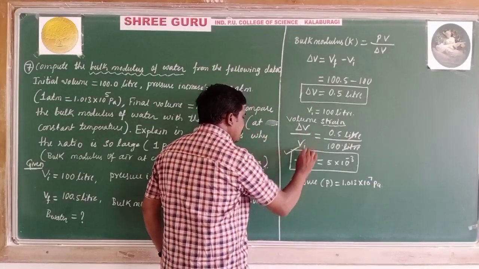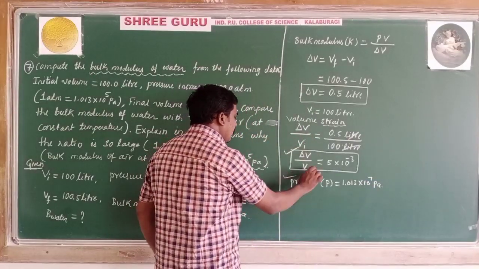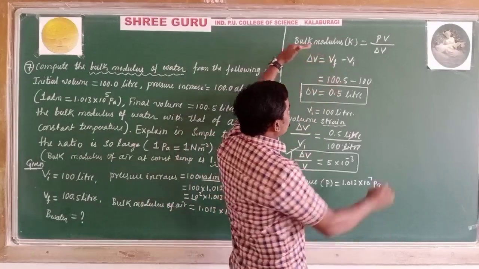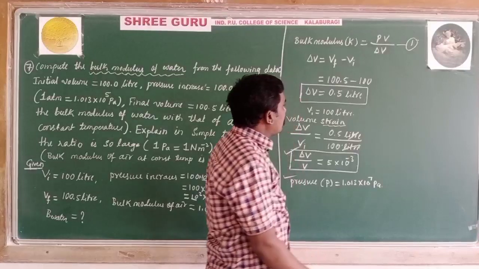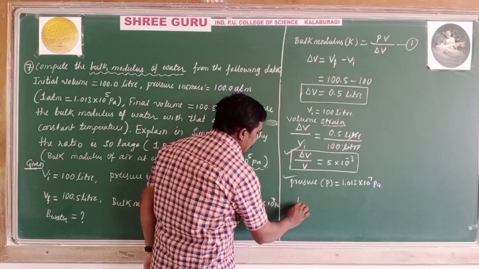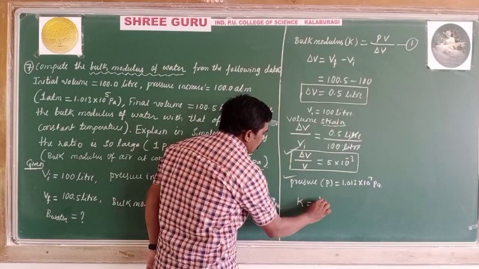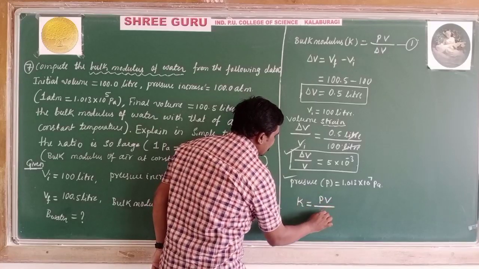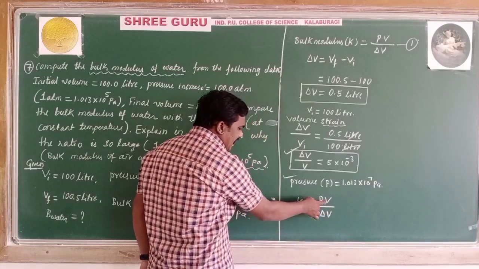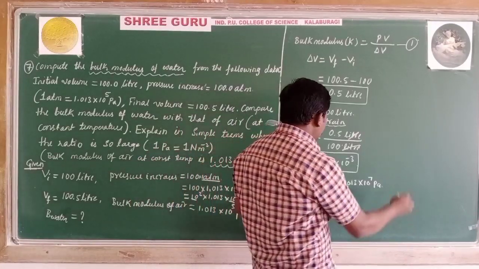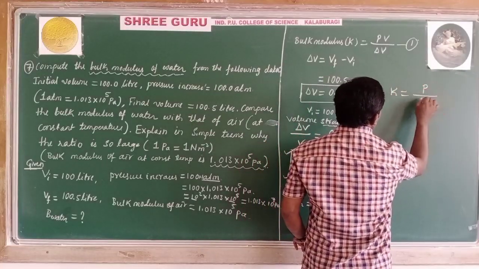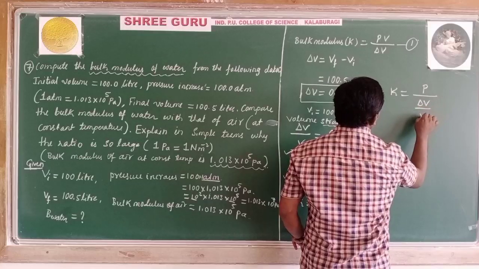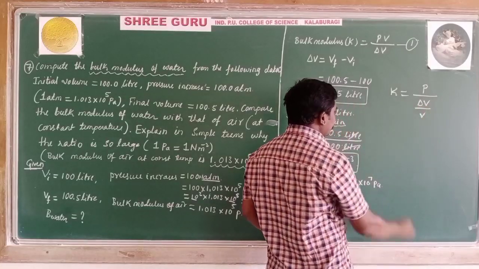We got the change in volume with respect to original volume, and the pressure. Just substitute in the bulk modulus formula, K equals PV by delta V. Shall I write V in the denominator form? That is K equals P by delta V by V. We can write it like this also.